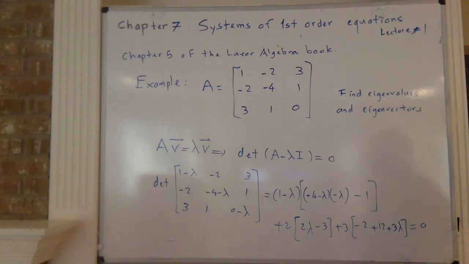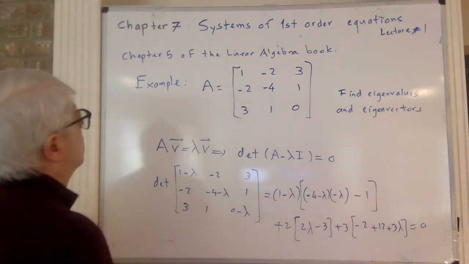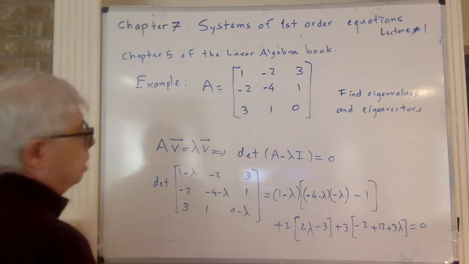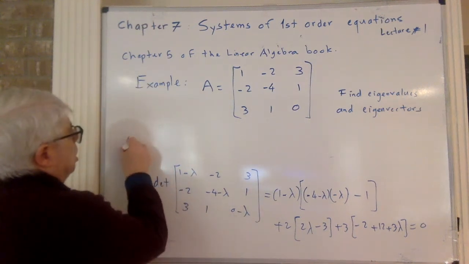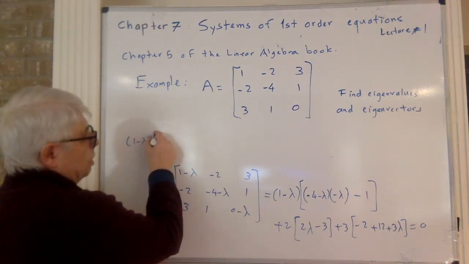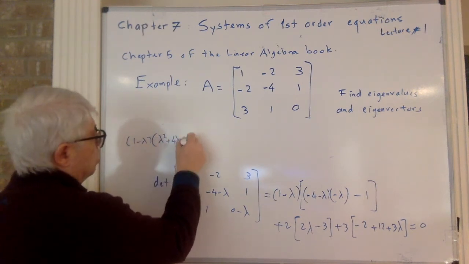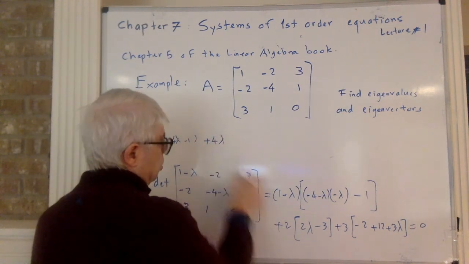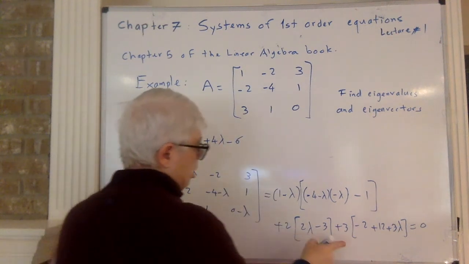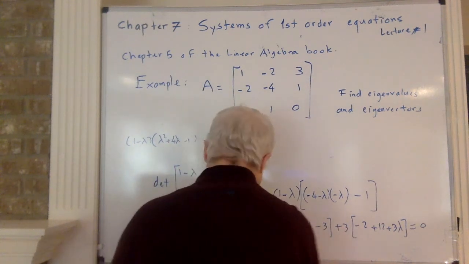So this is the characteristic equation for this situation. I still have some time before 50 minutes. Let me erase this and try to simplify this thing and see what happens. Maybe I can solve it. Let's hope. So I have lambda squared plus 4 lambda minus 1 inside this. And the other one is plus 4 lambda minus 6, and minus 6, is it? Minus 6, oh good, we put them together.